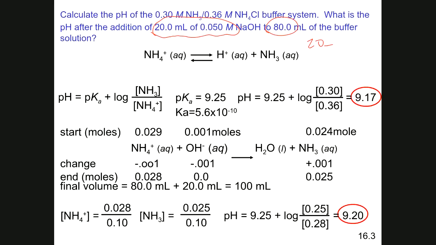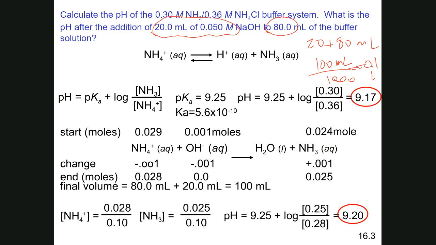So 20 plus 80 milliliters is the new volume. Since the new volume is 100 milliliters, you divide by 1000 to change to liters, and that is 0.1 liter.